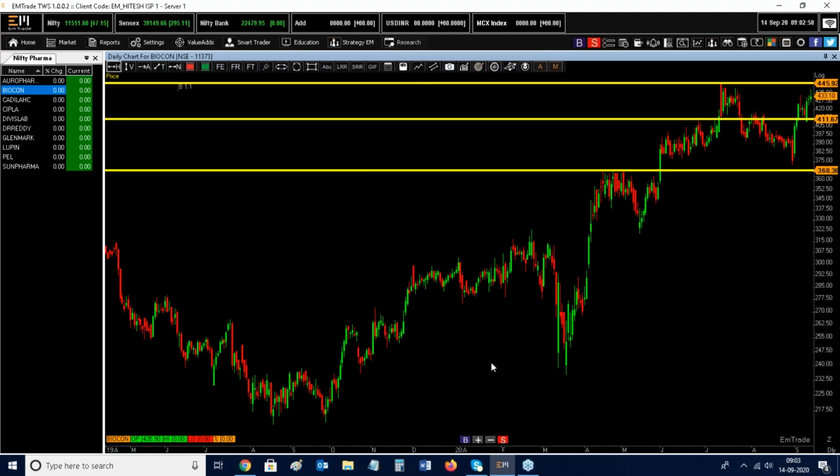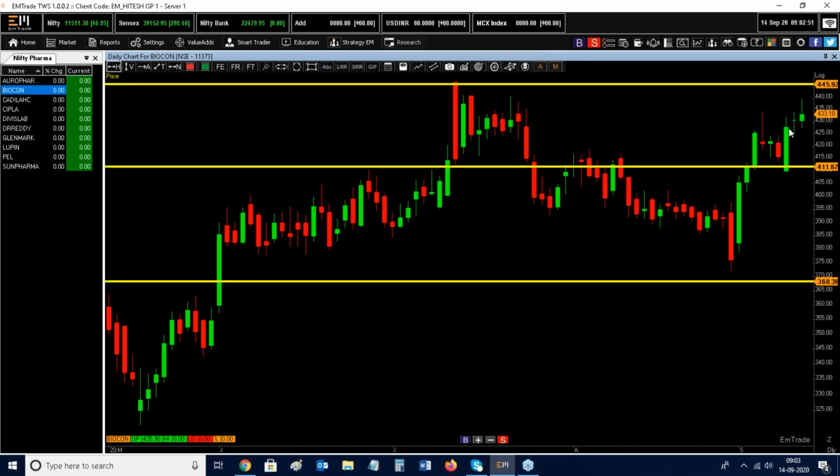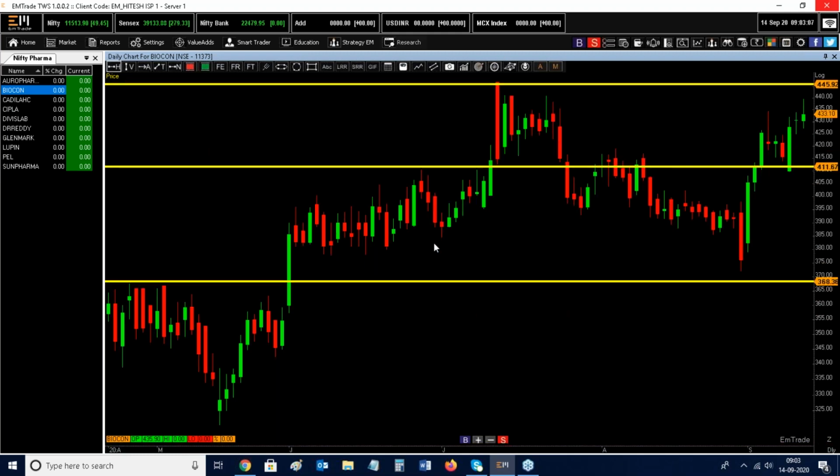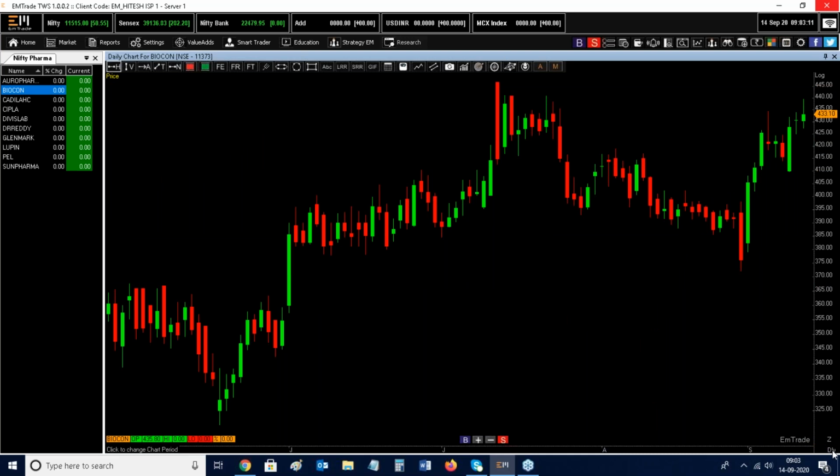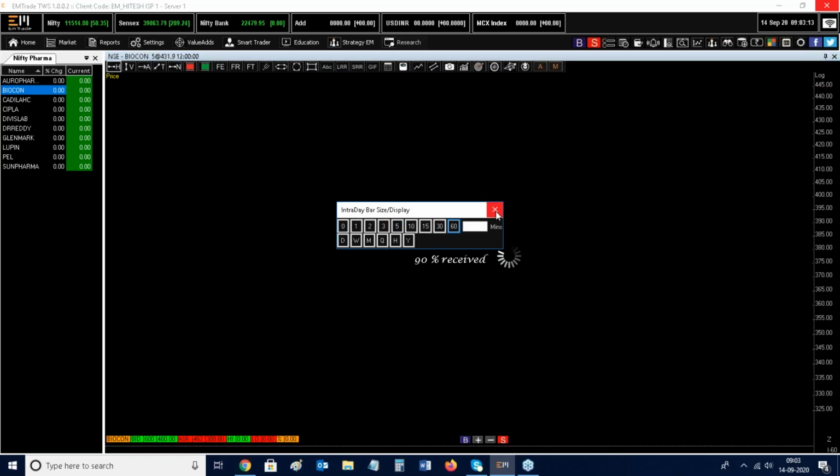Biocon is the strongest. So since it's now coming around the all-time high, fine. You are seeing such tails on the upside, but once it takes out this, you'll see another burst in price for a day or two. So Biocon, if you have identified good support levels for the day or if it retraces or a breakout, it's a good buy.